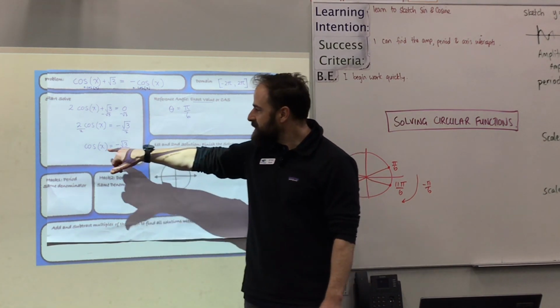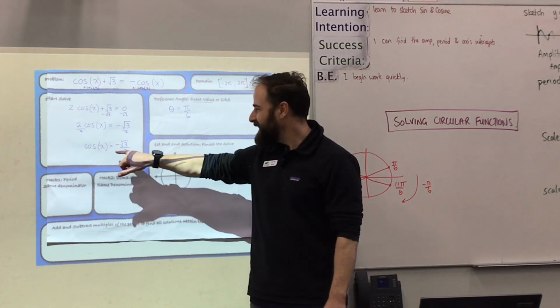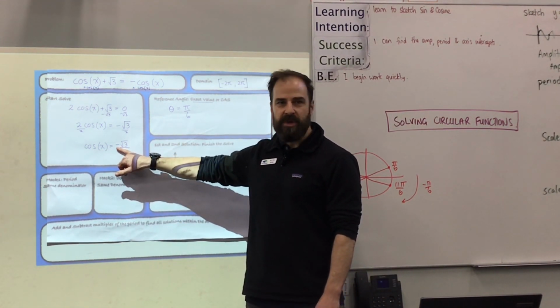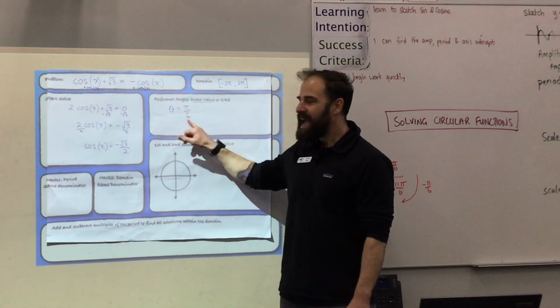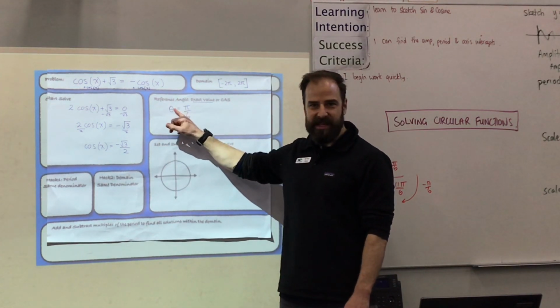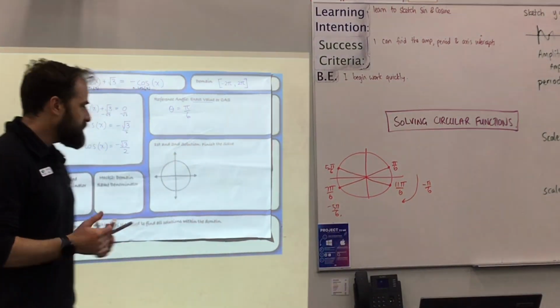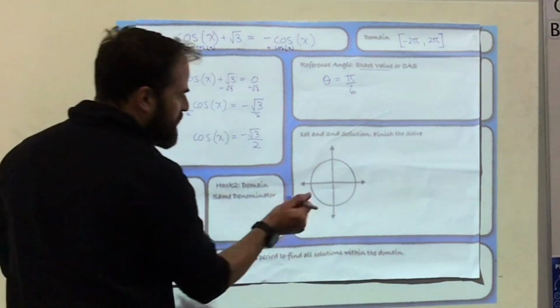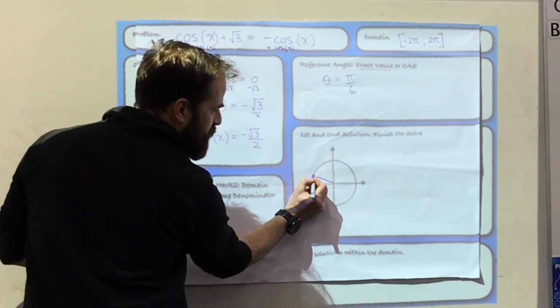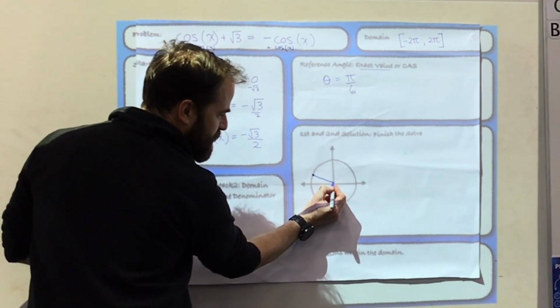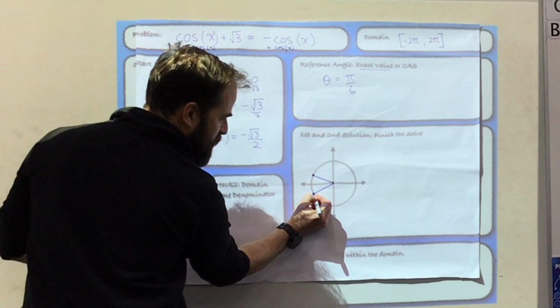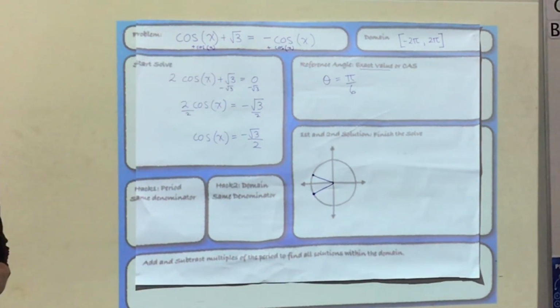Now, notice, this question is telling me that cos is negative. So we want the angles that relate to pi on 6 that give me a negative cos value. Where are those two angles? They are on the left side. So this will give me a negative cos value, and this one here will give me a negative cos value.